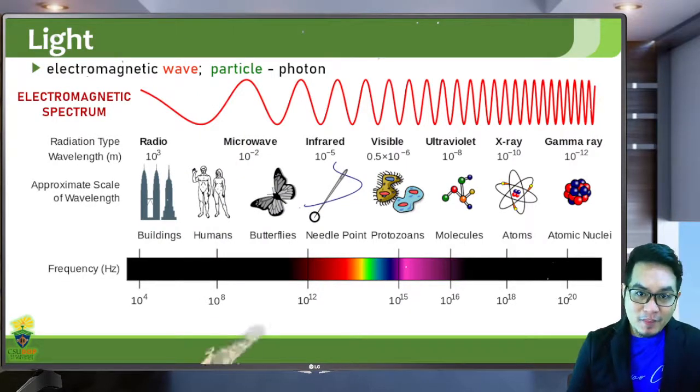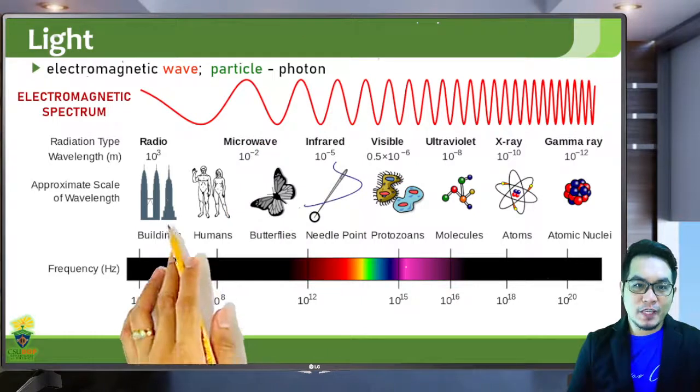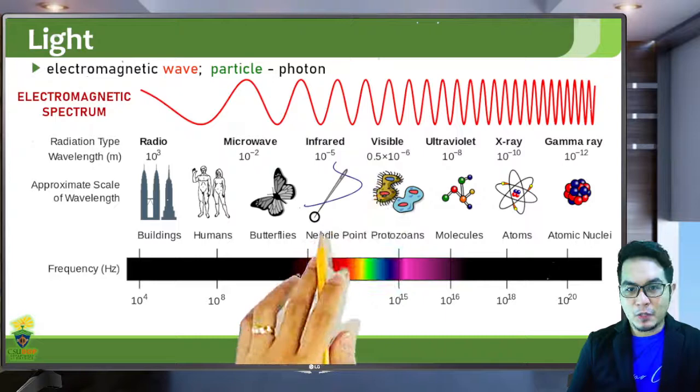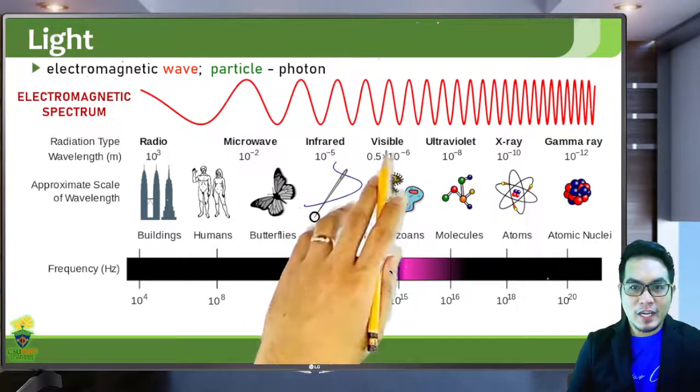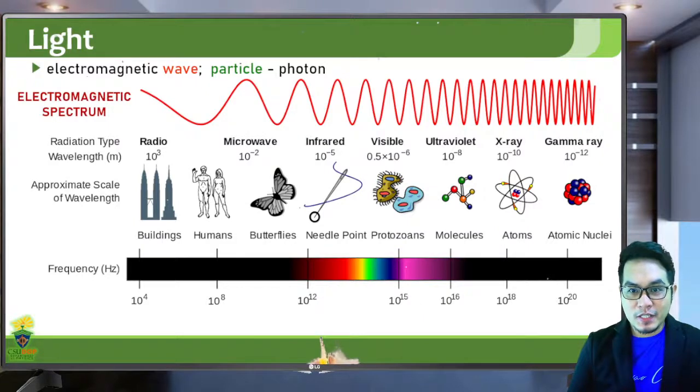Its wavelength, the length between two wave crests, is comparable to buildings for radio waves. For microwaves, it's comparable to butterflies. Infrared is comparable to a needlepoint. Visible light wavelengths are comparable to protozoans.